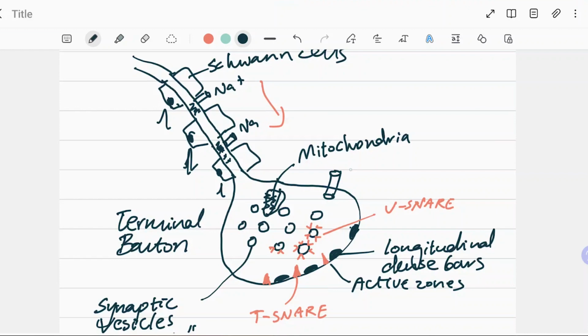This is called your voltage-gated calcium channels. Here calcium can enter into the cell. So the action potential flows down the nodes of Ranvier and reaches the terminal bouton.